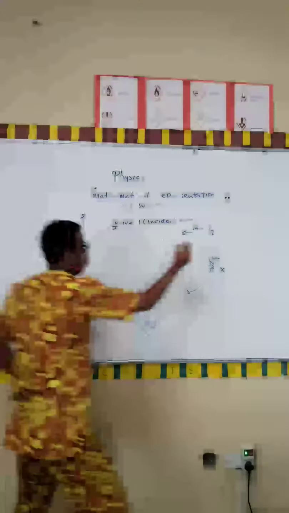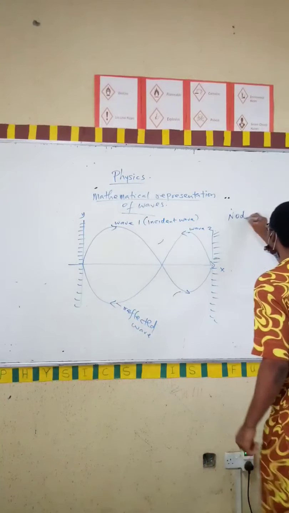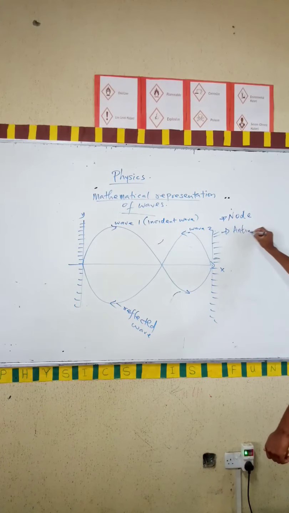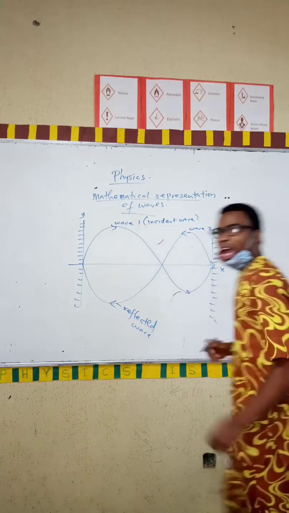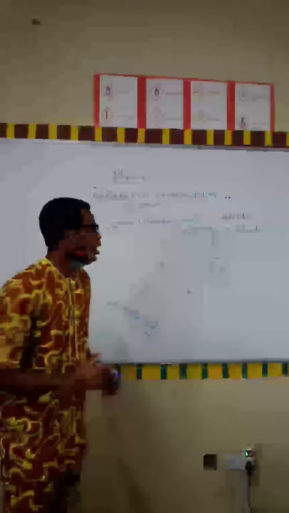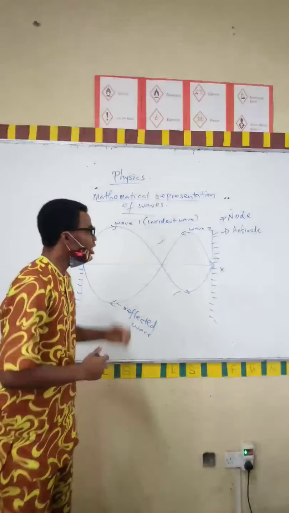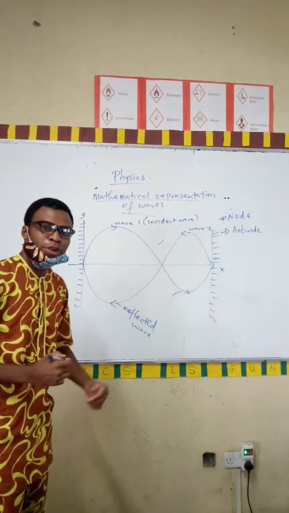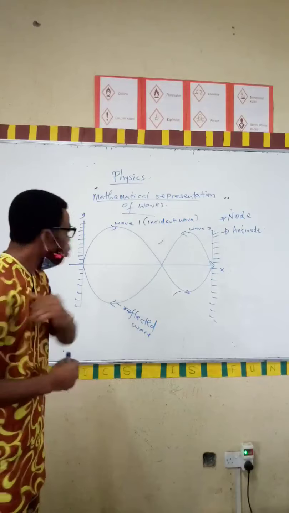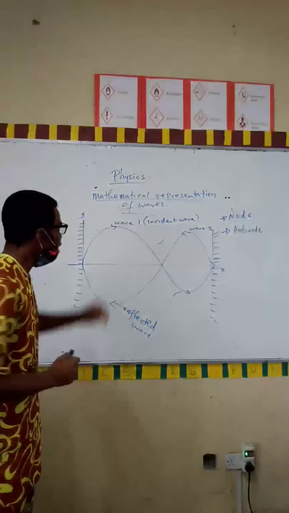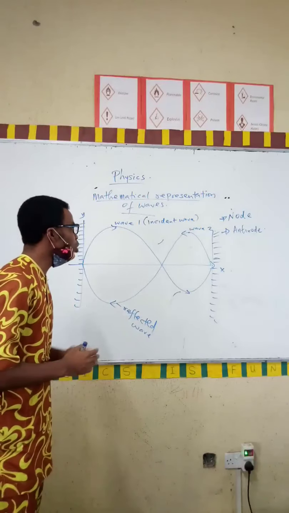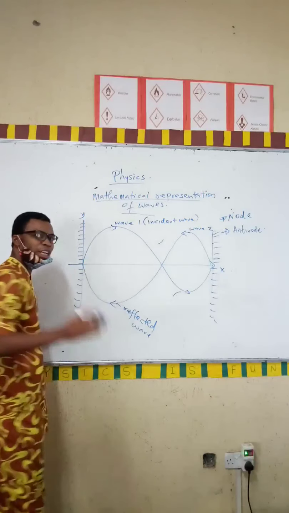So we have node, we also have antinode. And what is a node? A node is a region in a stationary wave where there is no displacement. I can show it here.